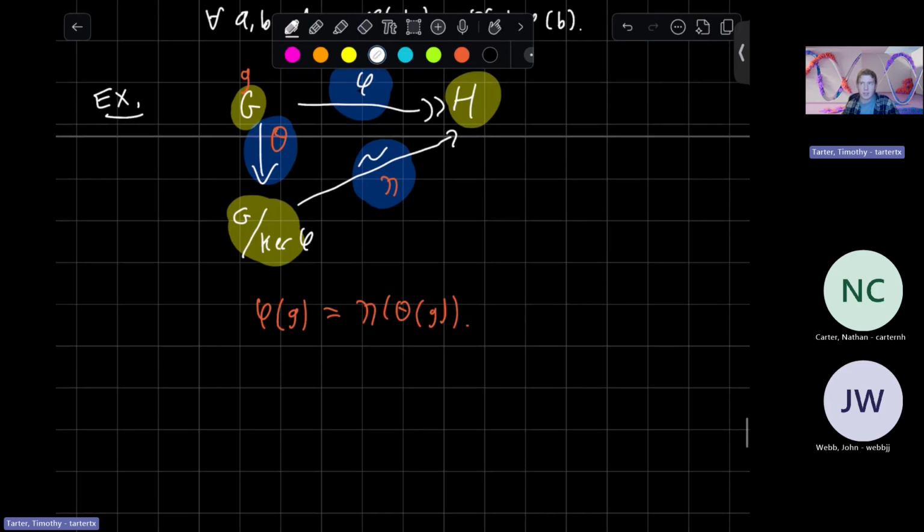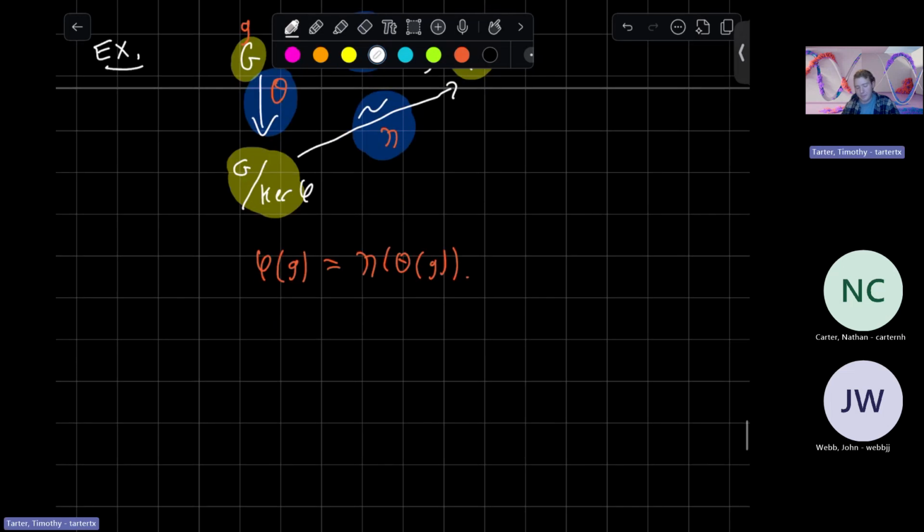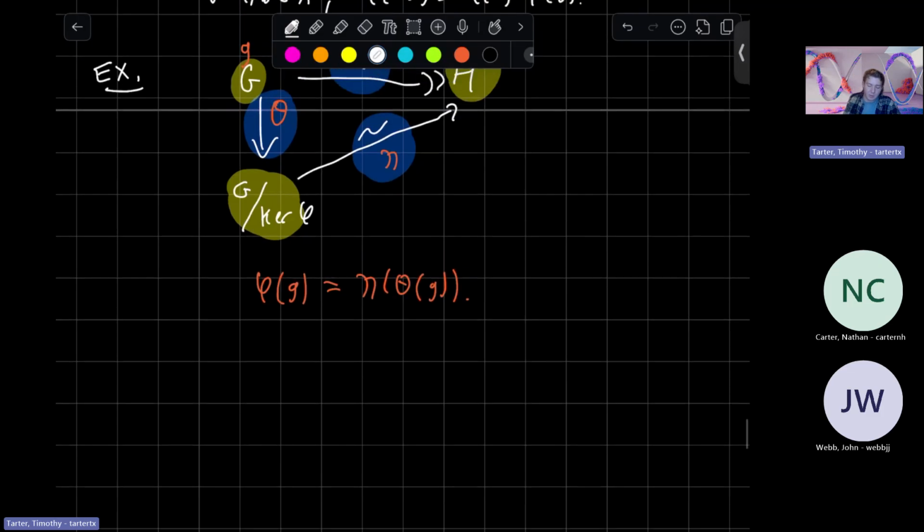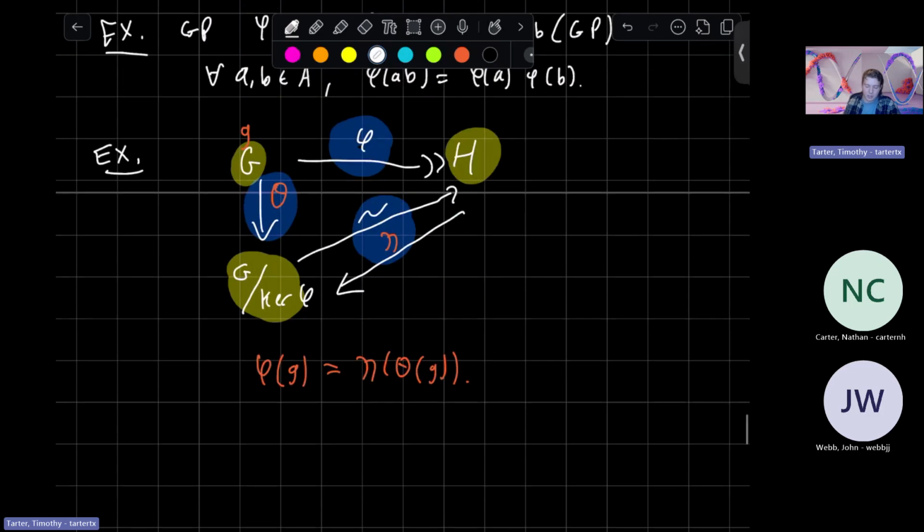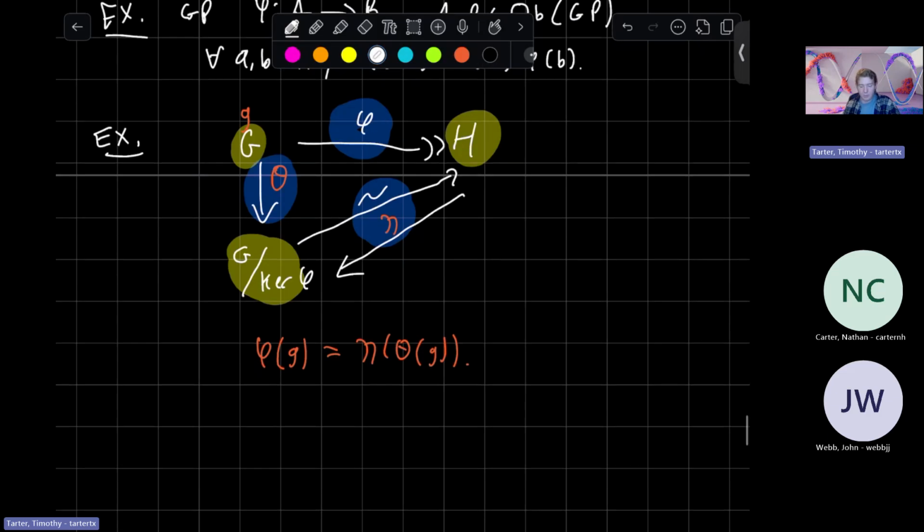Typically we'll say that it's like an arrow reversed, or no, we'll just call it an isomorphism. I'm jumping ahead. But we always want a mutually inverse map. So in this case, from H to G mod the kernel. If there exists one, we'll sometimes write this little twiddle.